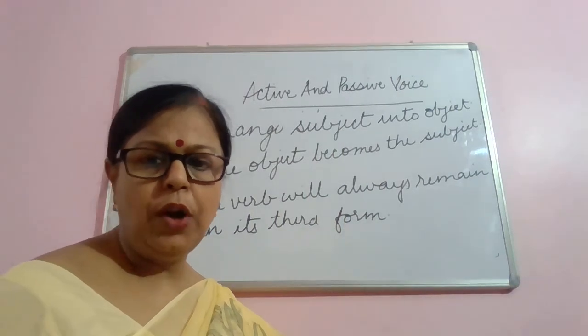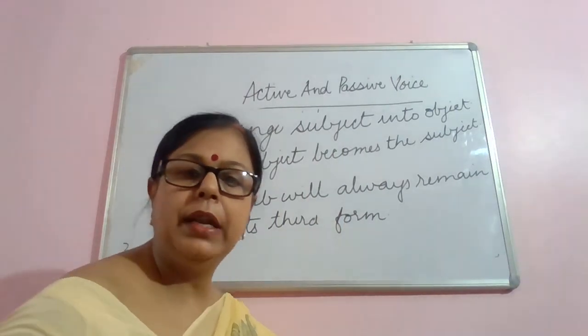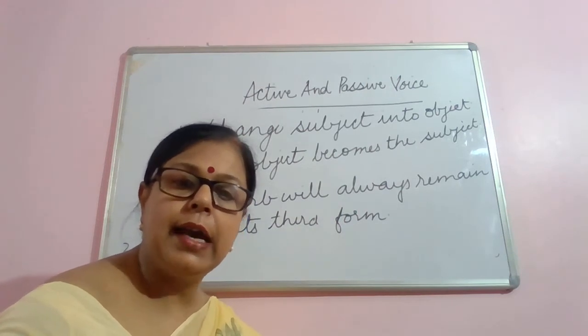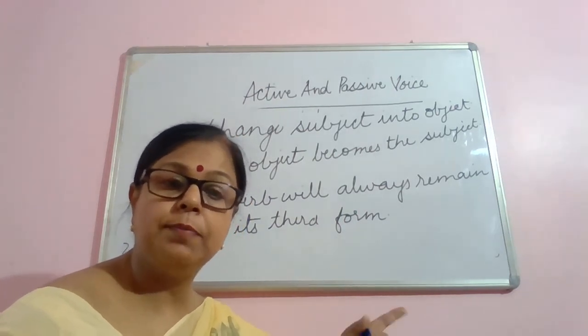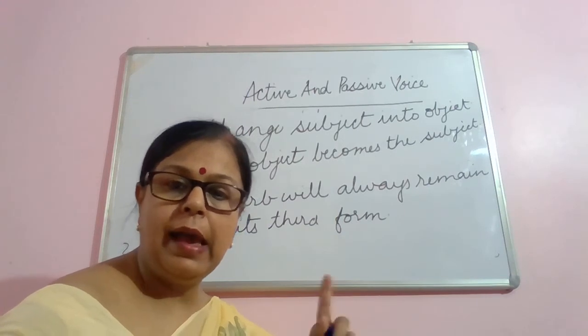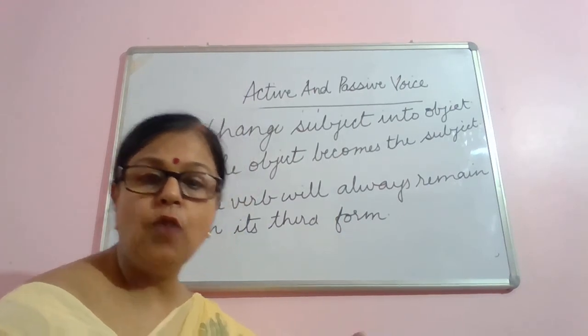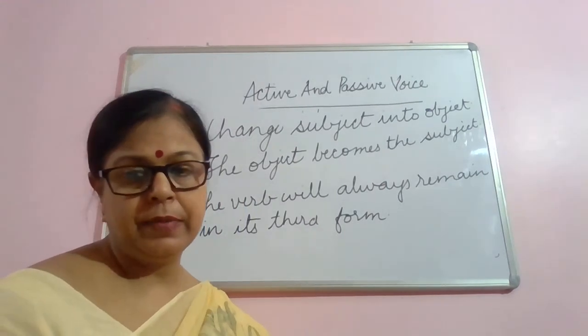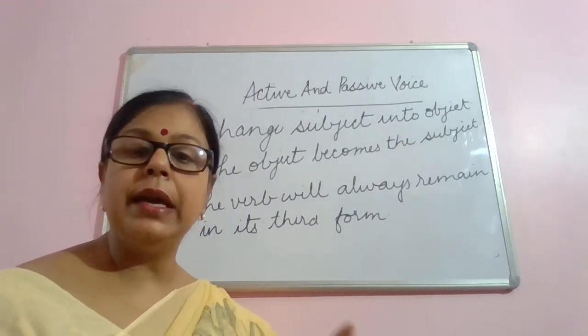Now, what do you understand by verb remaining in the third form? We said the hunter killed the tiger. The sentence was in past tense. And in passive voice we said the tiger was killed by the hunter. So killed remained in the third form.